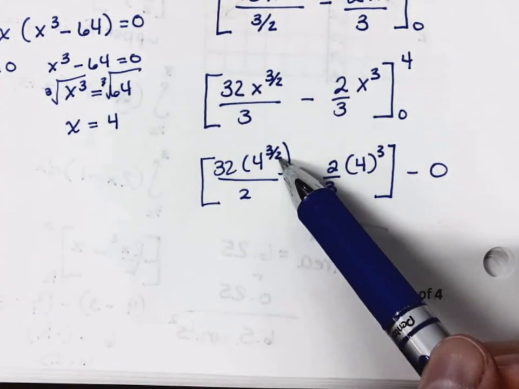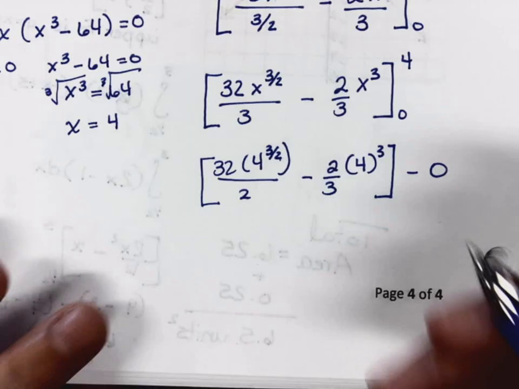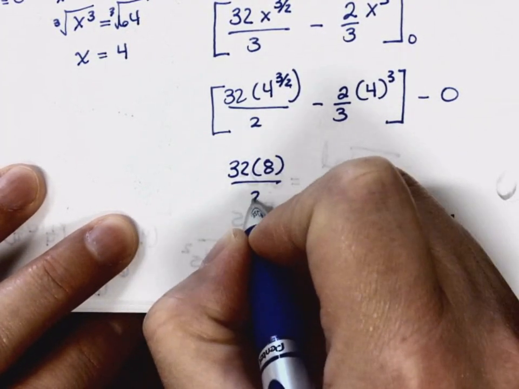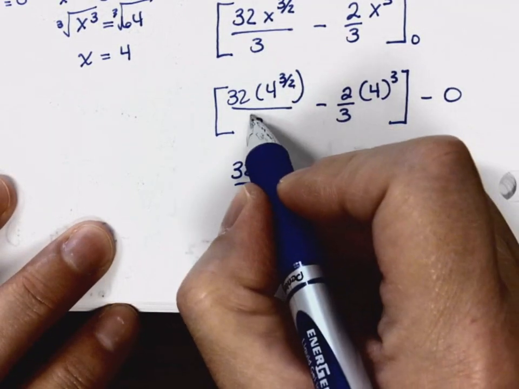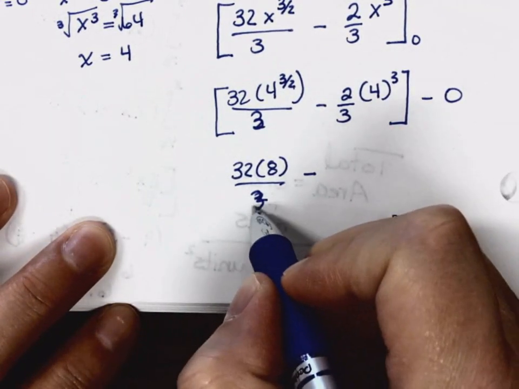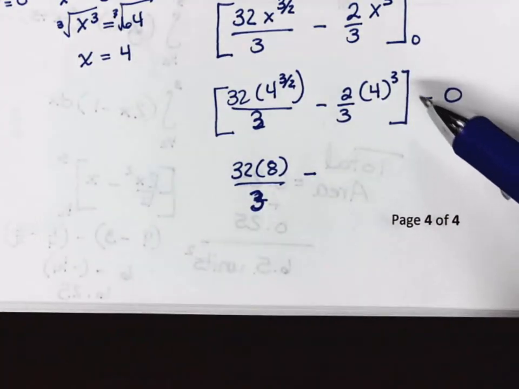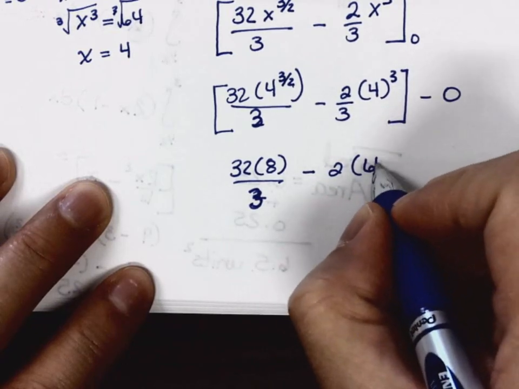We know that this means a square root. Square root of 4 is 2. 2 cubed is 8. So we have 32 times 8 divided by 3, sorry. And then on this side, 4 cubed is 64.